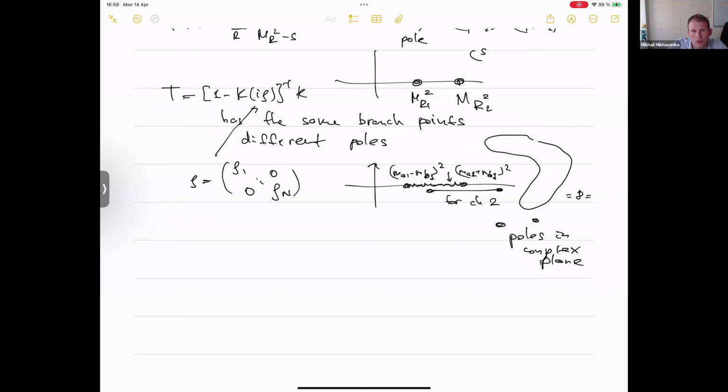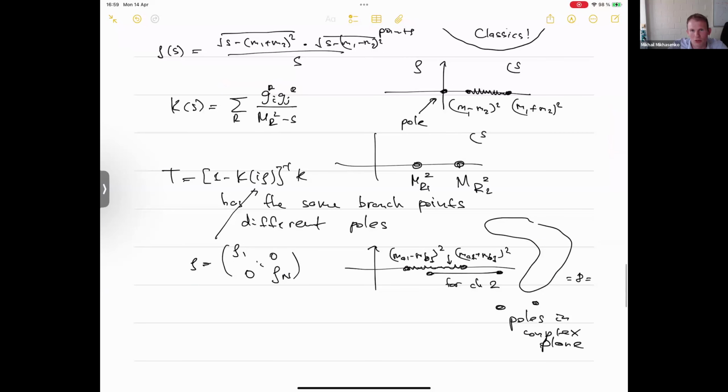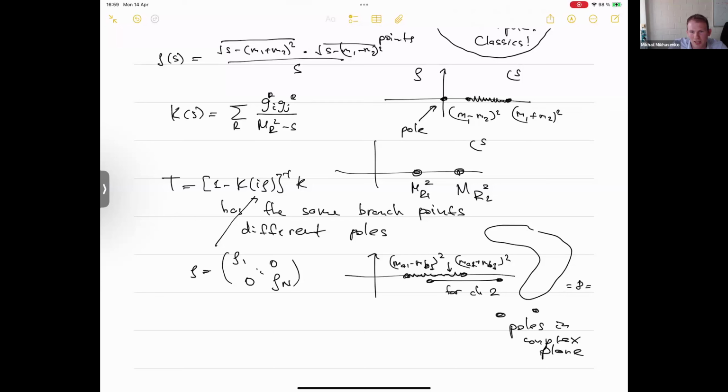You look at your T matrix, you implement this numerically, and you have to make sure that you can call this function for complex S. So one has to use an implementation in your language of choice that is happy to compute the values of rho and K when S becomes complex. For most programming languages, it's not a problem. Then you have to be reasonable about computing the function away from the singularities, putting i epsilon in the right places, but the analytic structure is rather straightforward.